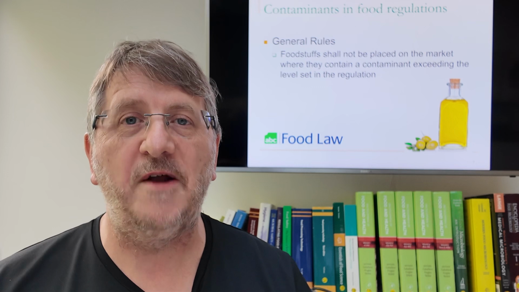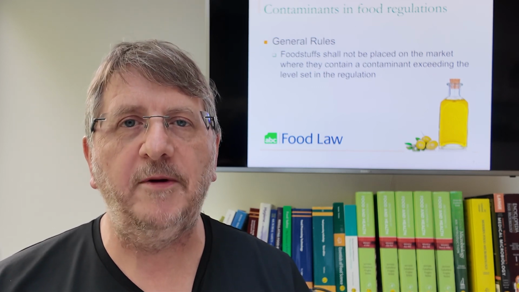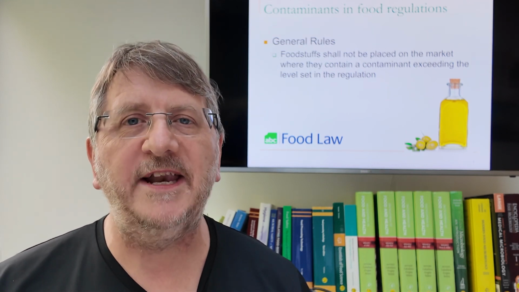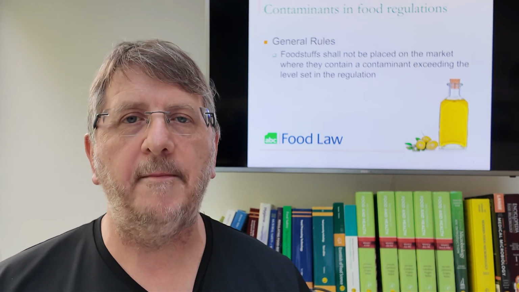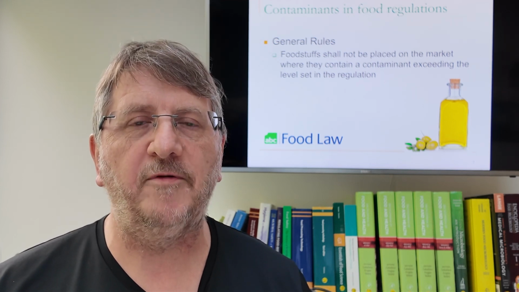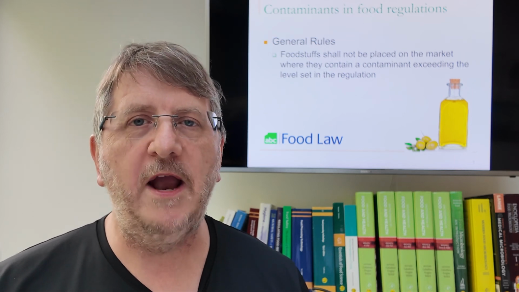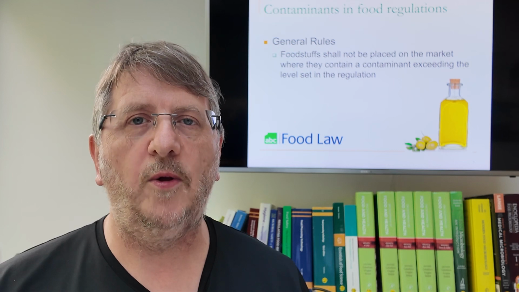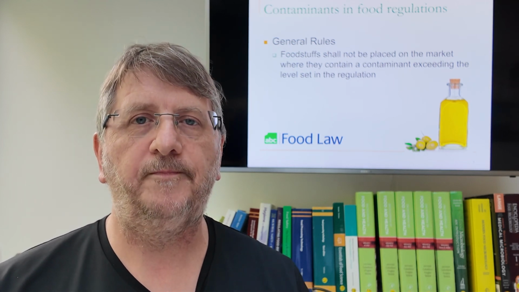And basically the general rule is foods must not be placed on the market if the contaminant levels exceed those stated in the regulations. You have annexes to the regulations which list out foods, list out contaminants, and list out maximum levels. But remember, these are not targets. These are maximum, and irrespective of the maximum level, measures should be taken to ensure the contaminant is at as low as reasonably achievable level.